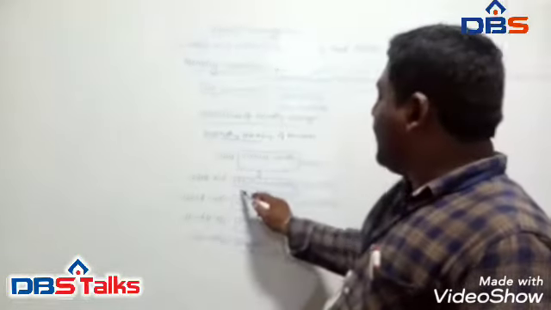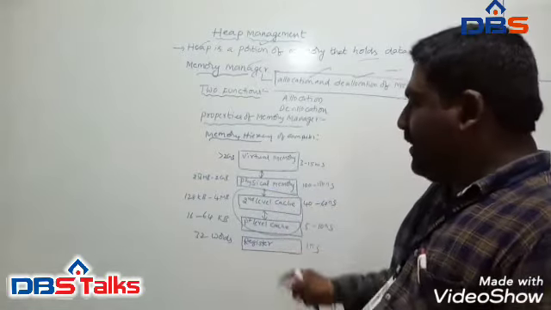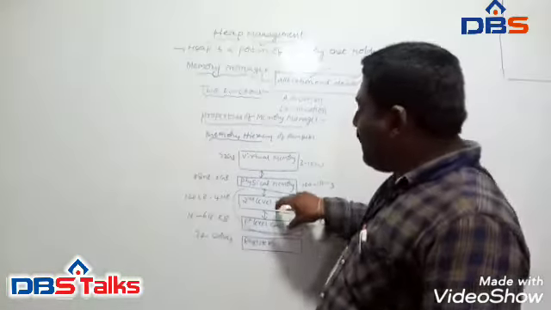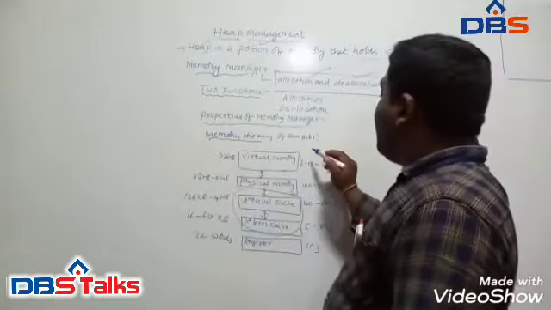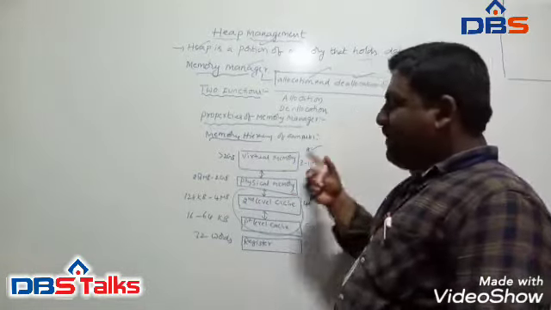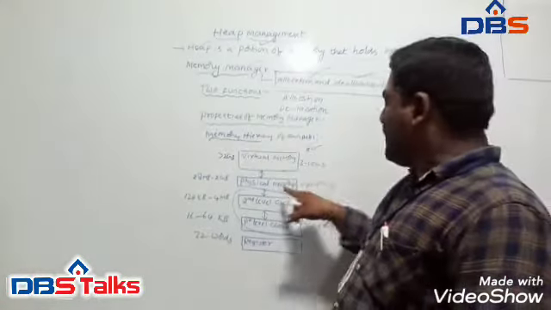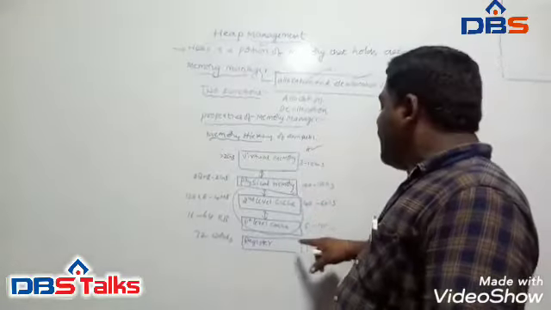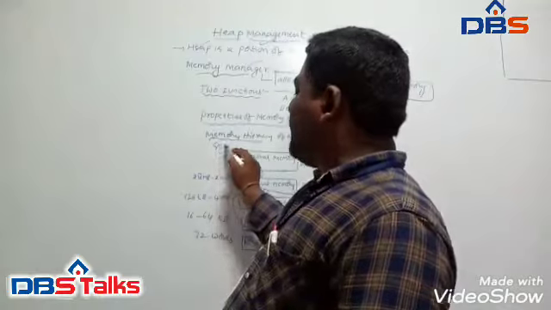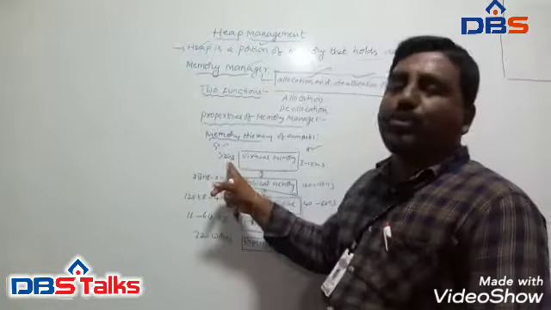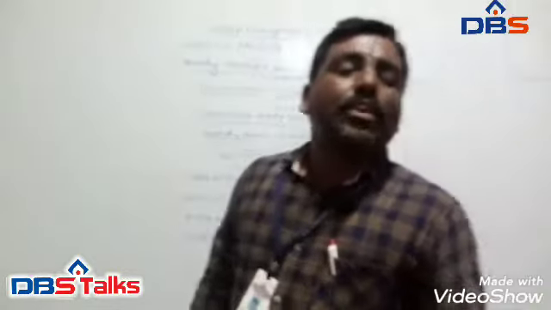That means register, cache memory, physical memory and virtual memory. Here these are the access times. Access time of virtual memory is 3 to 15 ms, whereas access time of physical memory is 100 to 150 nanoseconds, whereas register is 1 nanosecond. The storage space of virtual memory is greater than 2 GB, whereas a register is up to 32 words.